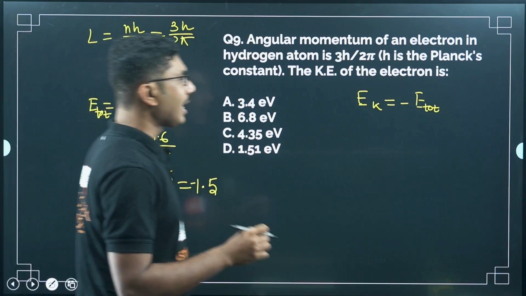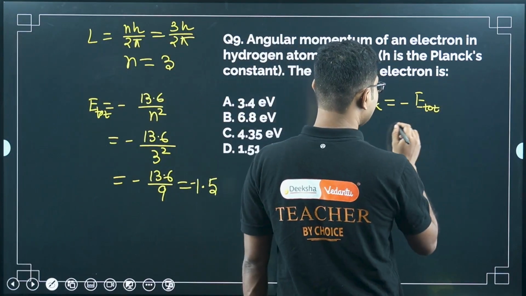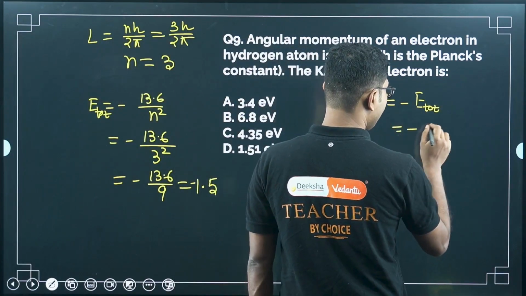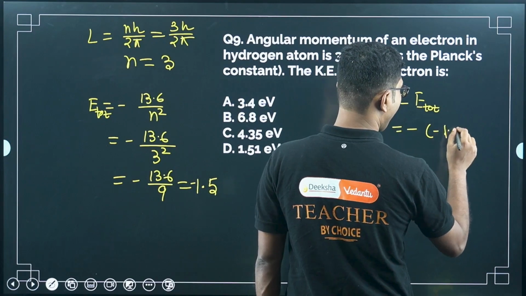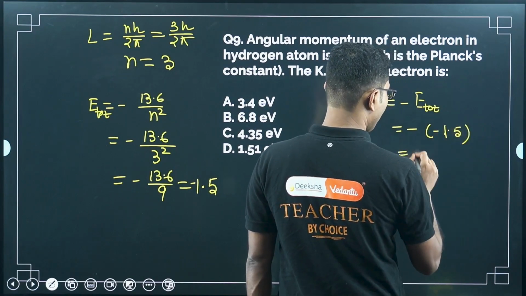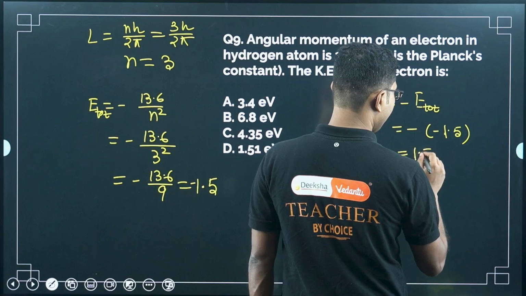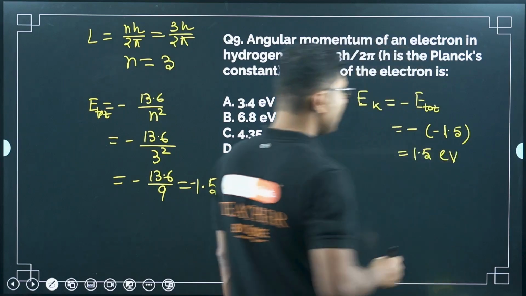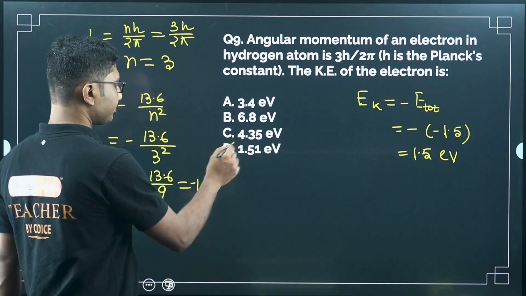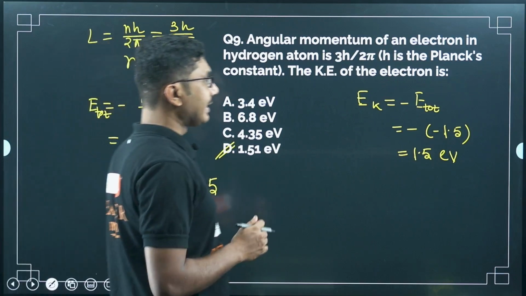So kinetic energy is the negative of the total energy, that is minus of minus 1.5, so it is 1.5 eV. So 1.5 eV is the kinetic energy of the electron.